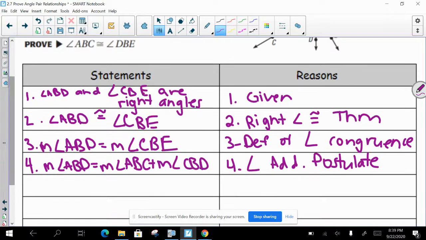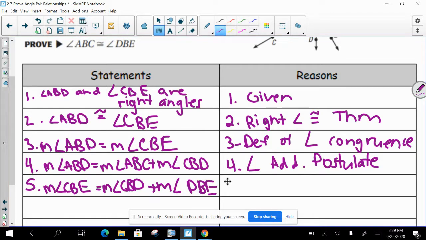And then we're going to do the same thing with the other right angle, CBE. So the measure of angle CBE equals the measure of angle CBD plus the measure of angle DBE. And same thing, angle addition postulate.